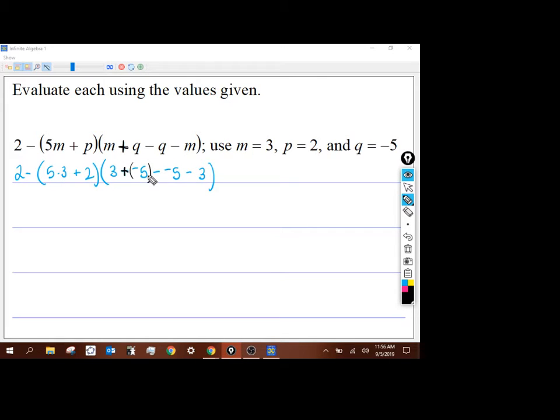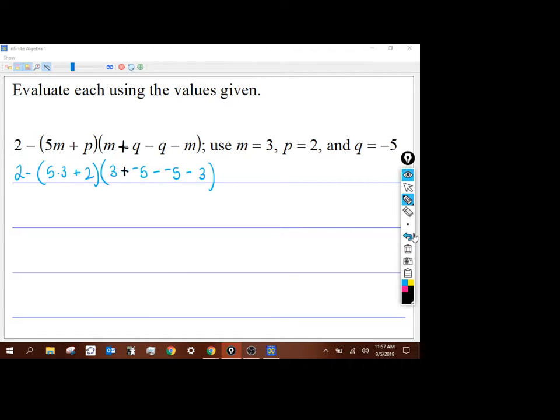Sometimes they will put that negative 5 in parentheses just to remind you that it's supposed to be negative, that you haven't made a mistake when you write plus minus or plus a negative 5 right next to a plus sign. So just be careful with that if you see that notation. There's nothing wrong with maybe doing that as well. Okay.